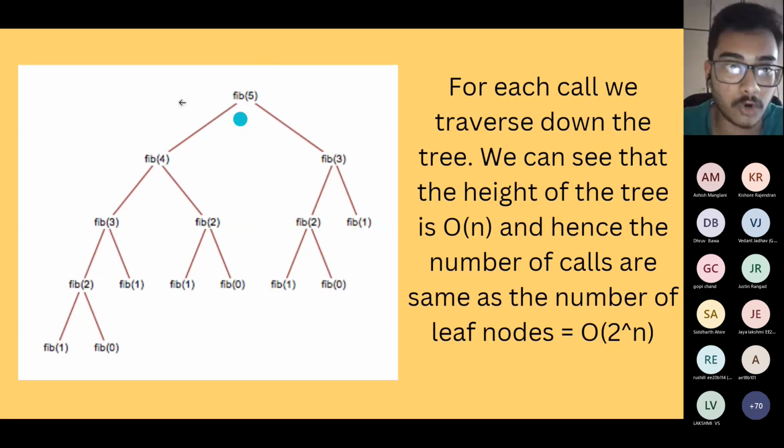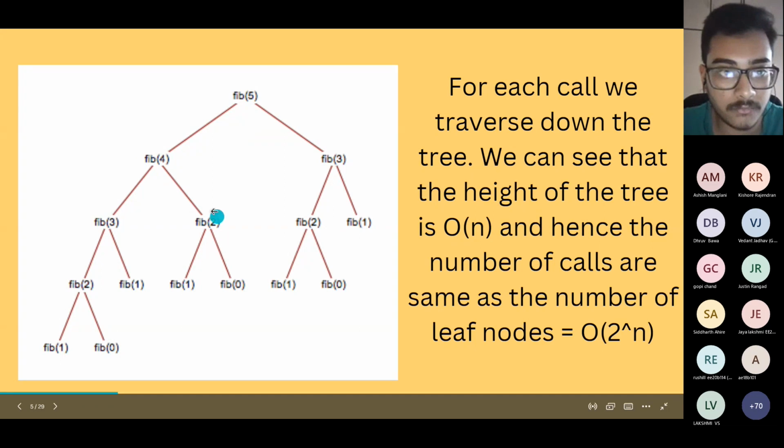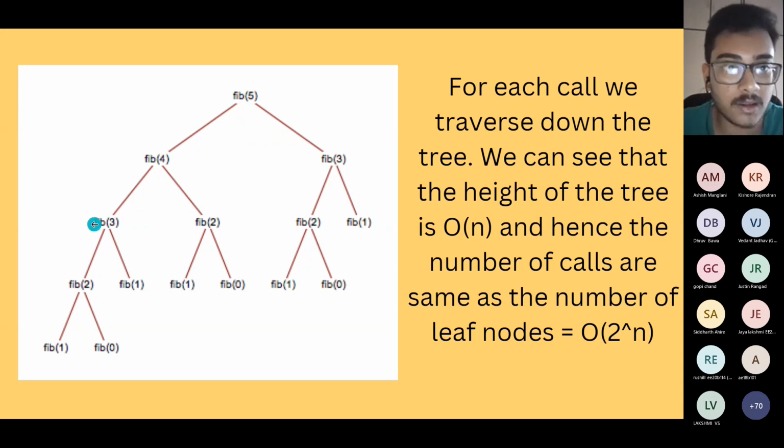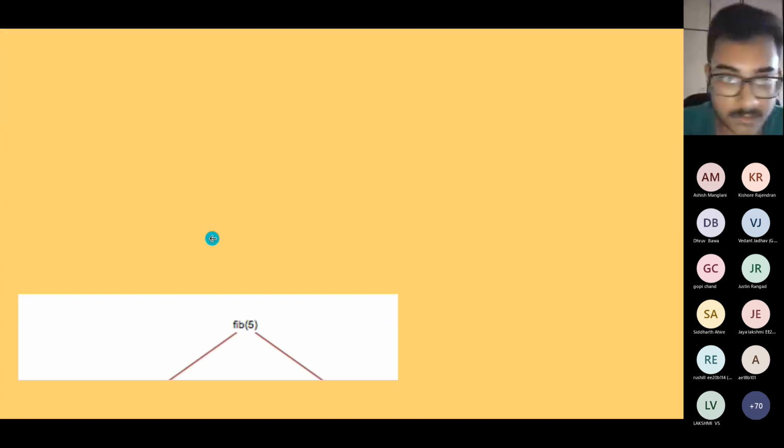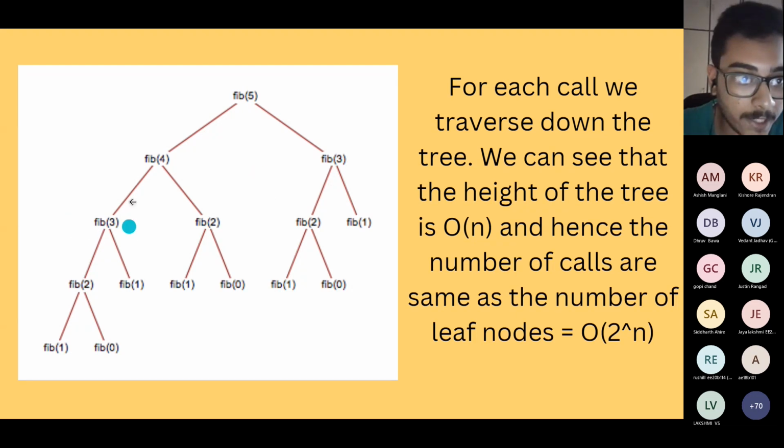So here in this call tree, I'm calling fib of 5. This fib of 5 will call fib of 4. Fib of 4 will call fib of 3 and then calculate fib of 2 again, right, to find fib of 4. Now when it goes to fib of 3, here fib of 3 is already calculated, right?